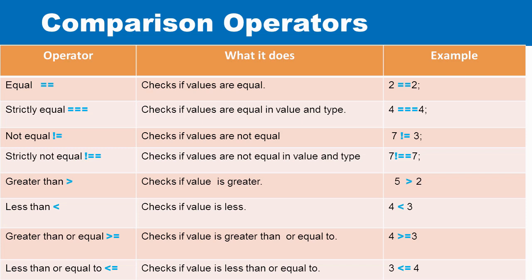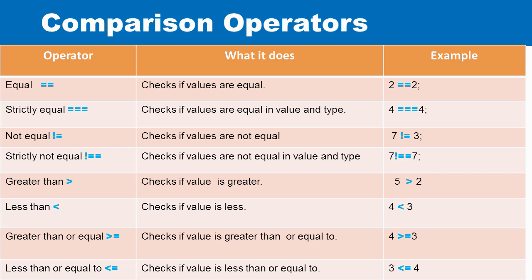A single equal is used to assign a value. So we must be careful about the distinction between single equals and double equals. If you want to check if something is equal to something, you use a double equals. If you want to assign a value like you do in variables, you use just a single equal.